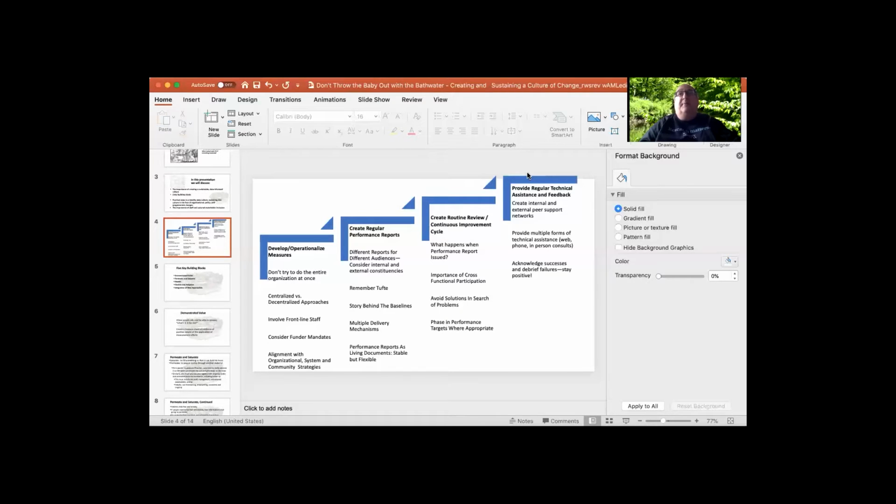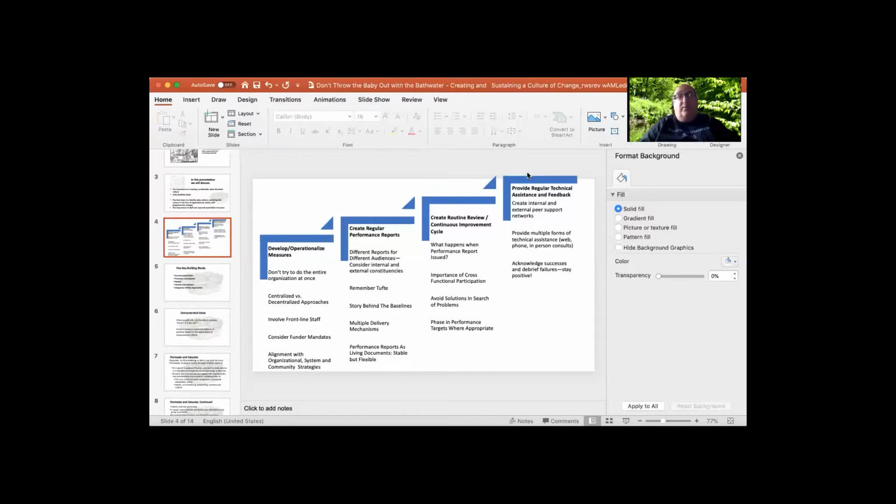But you have to think about, depending on the size of the organization and the needs for measurement at the time, usually it's not a great thing to try to do the organization all at one time. So you want to kind of phase it in.